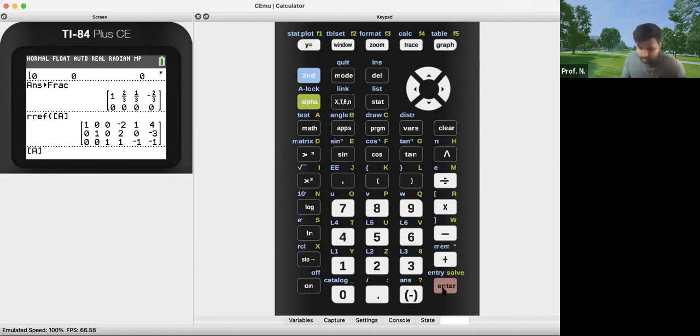B to C. Yeah, okay, so this is correct. I don't know what happened with this emulator here, so I'll stop sharing that.